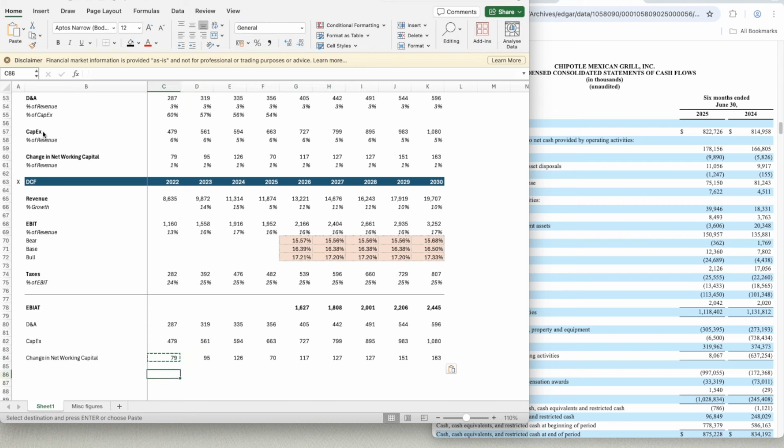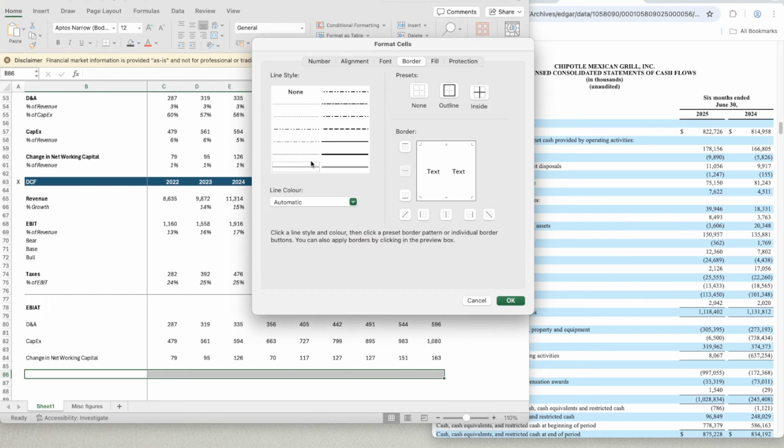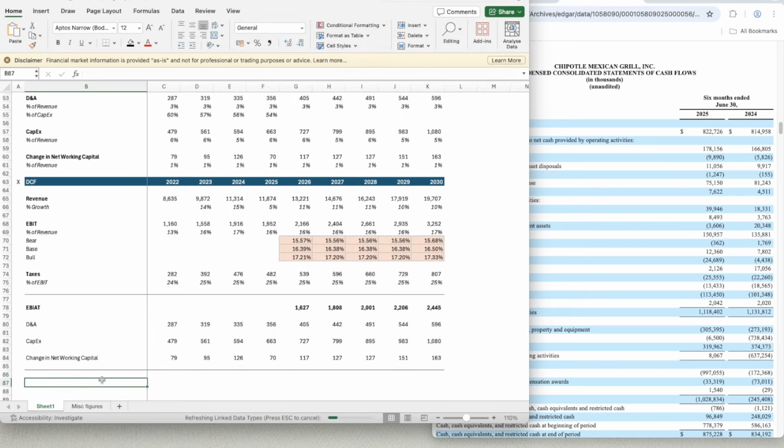Now what we do is we are able to calculate our unlevered free cash flow. Let's pop a border in.